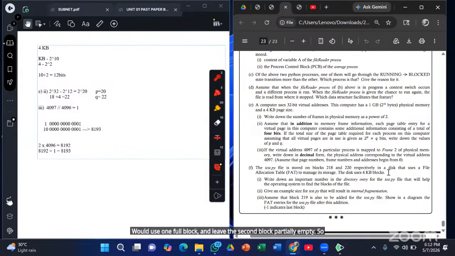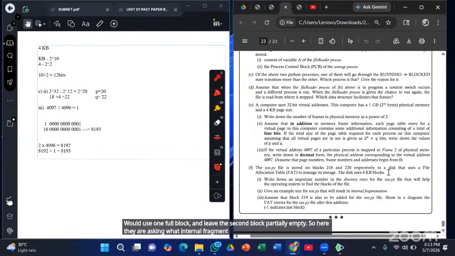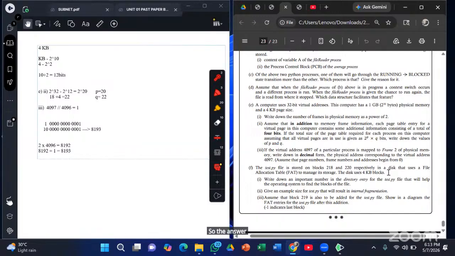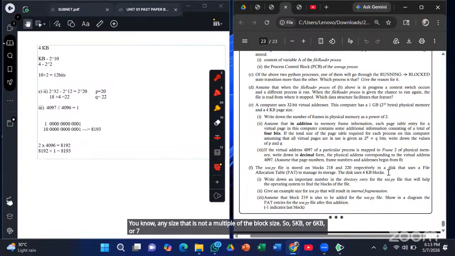So here they are asking about internal fragmentation. You know what is internal fragmentation? It occurs when the last allocated block is not completely filled by the file data. So the answer for this question is 5 KB, or you could say, any size that is not a multiple of the block size. So 5 KB or 6 KB or 7 KB. Any of these is the answer.